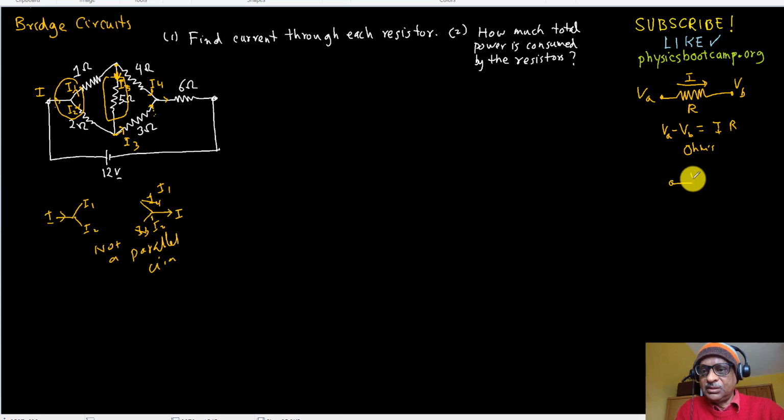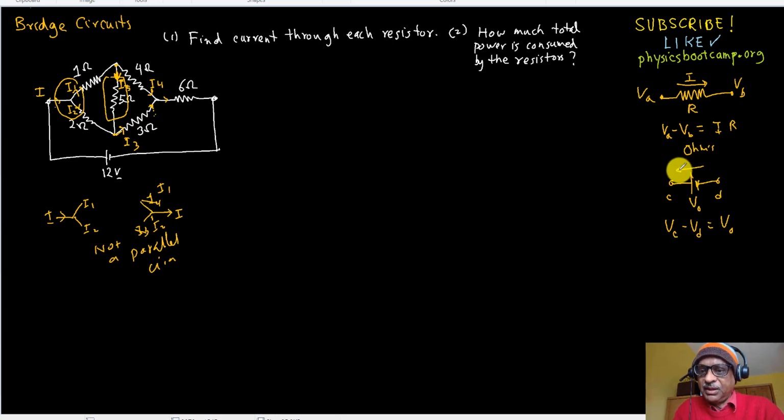And for voltage, if you have a battery labeled with voltage V0, and let's call its terminals C and D, then VC minus VD is V0. If it's a battery, then it's DC, for a steady current situation.